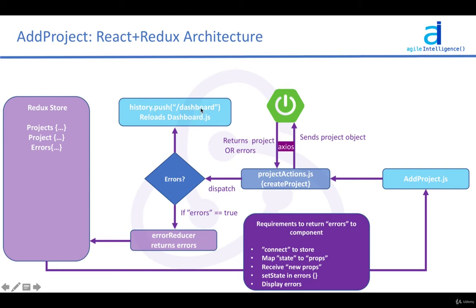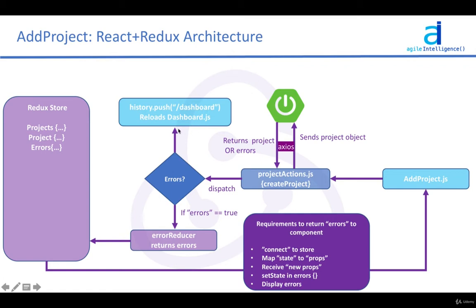In this very specific use case, we're not using a reducer or Redux to update our store, but we're going to reload our dashboard, which is where we have our collection of projects, and then the dashboard itself is going to have its own setup to get the projects from the API and update the state, which is the next use case that we're going to talk about.